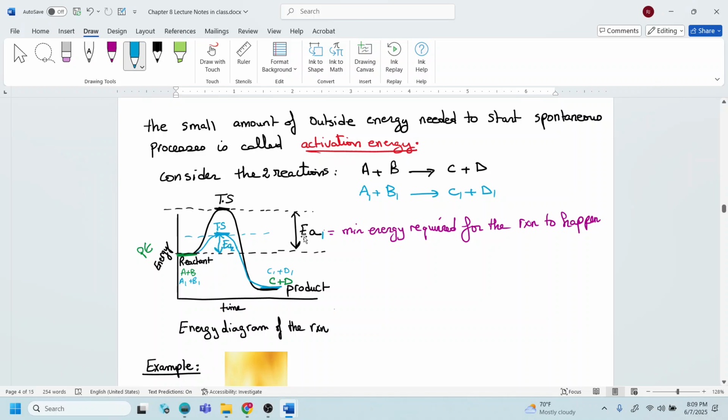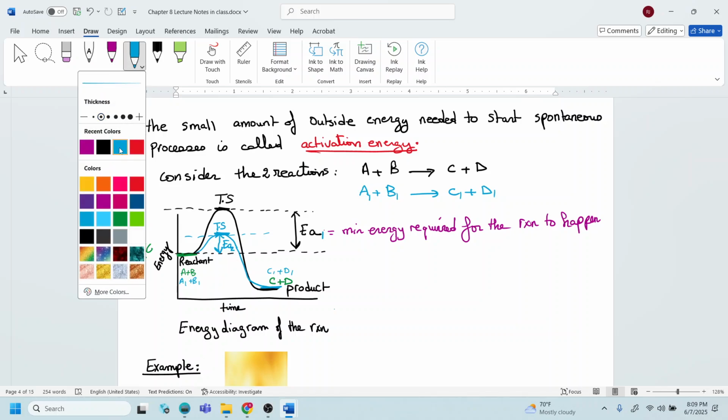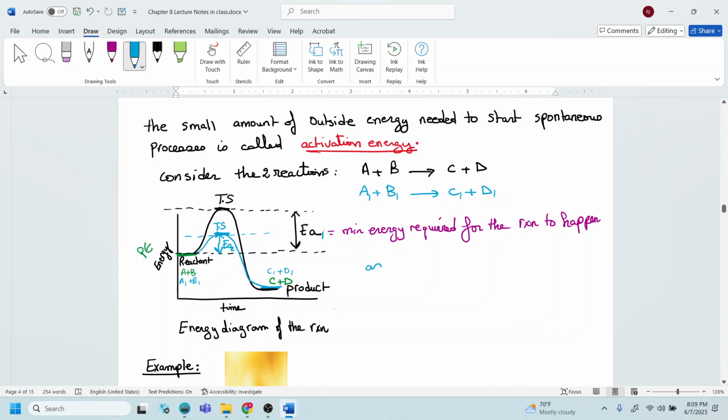Now, if I want to compare between both of these activation energies, I can get information about the speed of the reaction. The rule says that as the activation energy decreases, the reaction becomes faster. So if I want to compare between those two reactions, this activation energy is less than this activation energy.